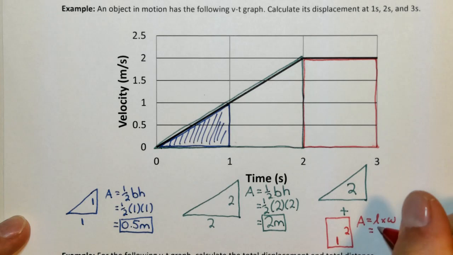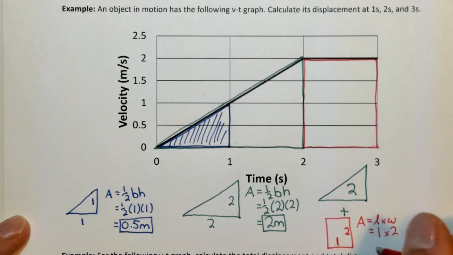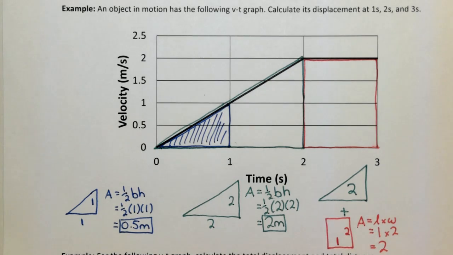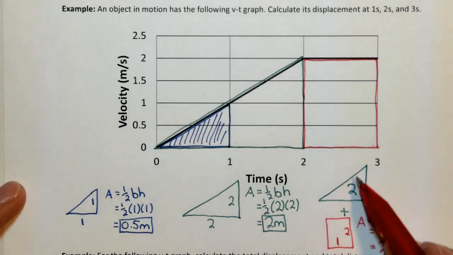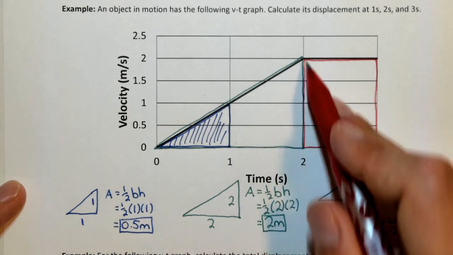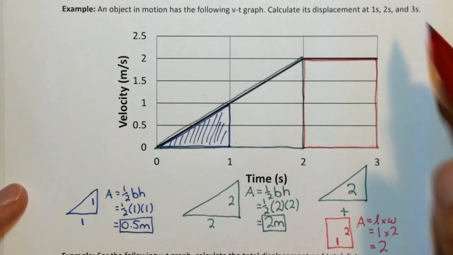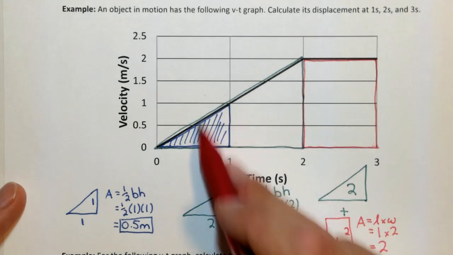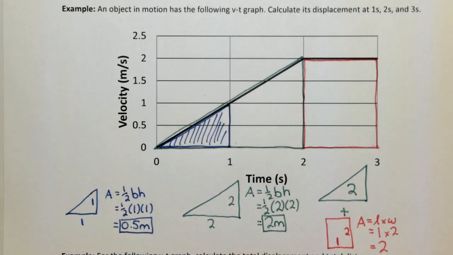So the area is 1 times 2, or 2. So if I've got an area of 2 here in the green triangle, and an area of 2 here in the red rectangle, my total area for the first 3 seconds is going to be 2 plus 2, or 4.